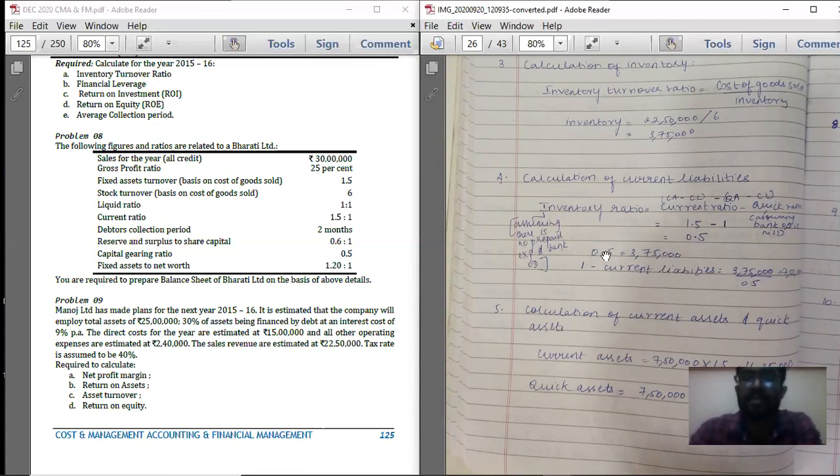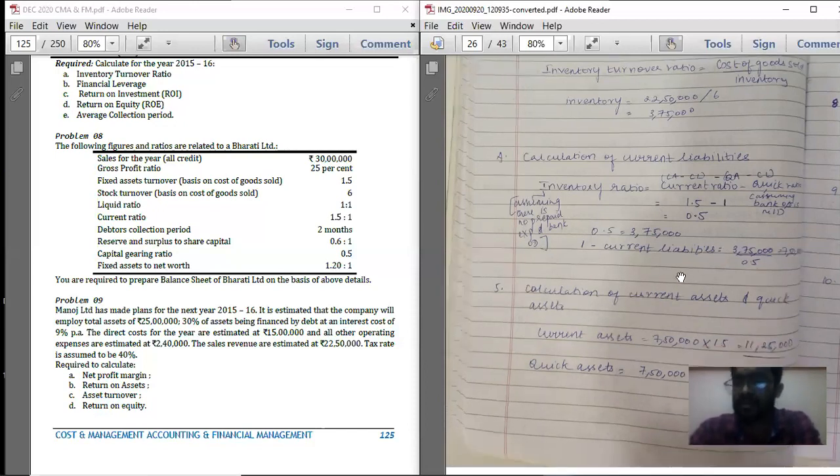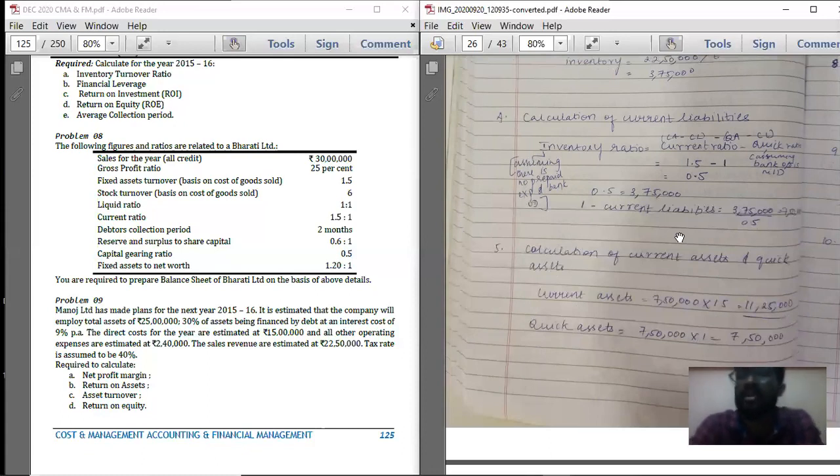This 0.5 is nothing but inventory divided by current liabilities. 3,75,000 divided by 0.5 is equal to 7,50,000. So we have found that current liabilities is equal to 7,50,000.